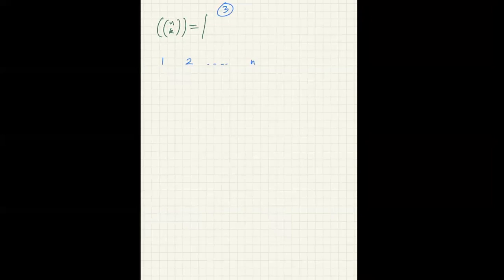Let's say the element 1 gets picked a1 times, the element 2 gets picked a2 times, the element n gets picked an times. And what property do these numbers have? Well, these numbers a1, a2, an have to be greater or equal to 0. And since we're picking k elements in total, it means that the sum a1 plus through an must equal k.